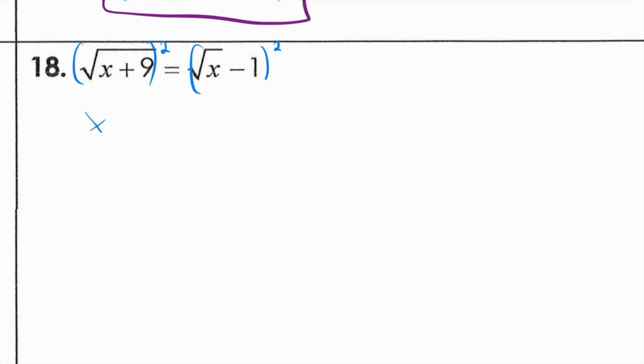So on the left, I just get x plus 9. On the right, I can't just call it x minus 1 or plus 1, but instead I do have to actually write it out twice, since I do have a minus or a plus sign in between. And so I get square root of x minus 1 and square root of x minus 1. And I do go ahead and FOIL this through. Square root of x times square root of x is just x. Square root of x times negative 1 is negative square root x.